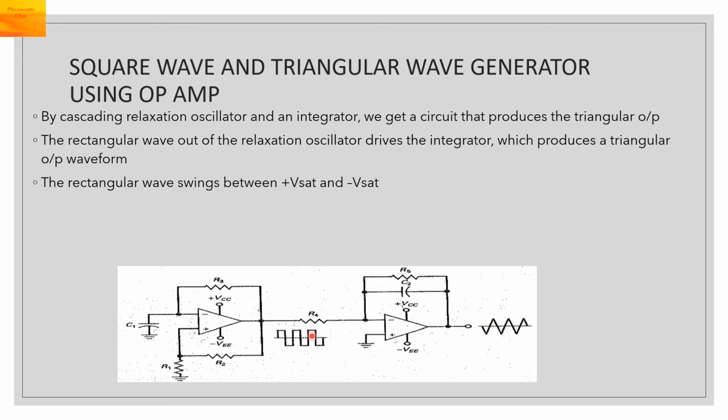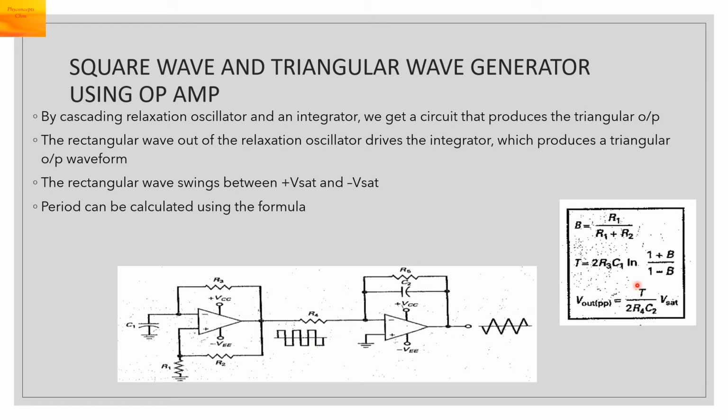The rectangular wave, as we had seen earlier in a relaxation oscillator, swings between plus Vsat and minus Vsat. The period can be calculated using this formula: T is equal to 2R3C1 into ln of (1 plus B) upon (1 minus B). B is the feedback fraction. The triangular wave has the same period and the frequency.